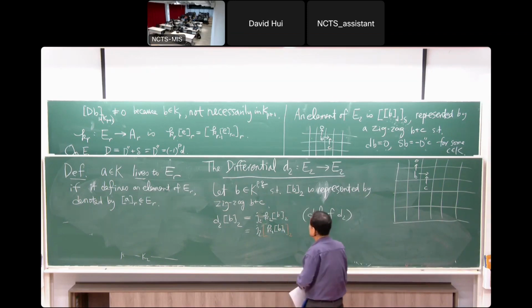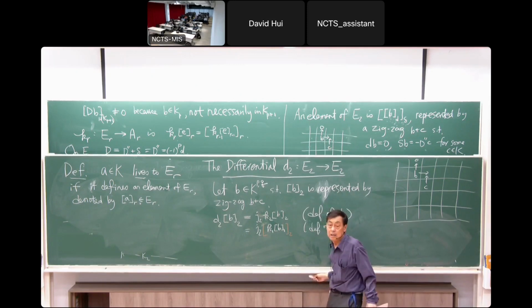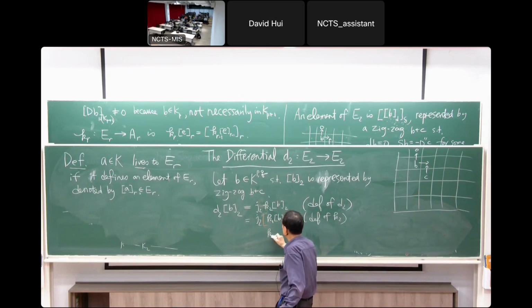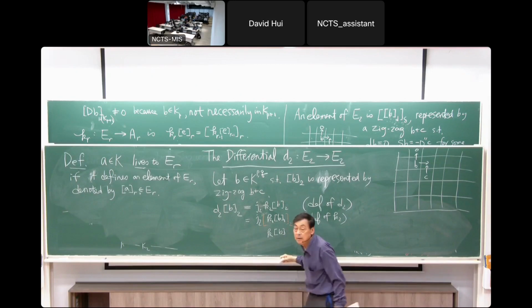That's the definition of K2. But K1 is just K, so that's just the class of B.